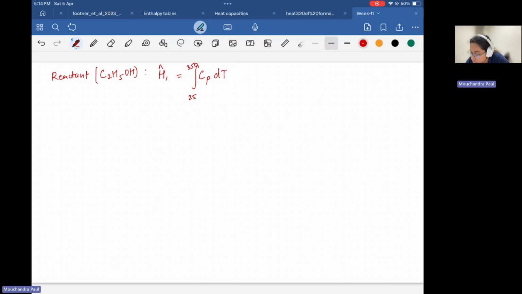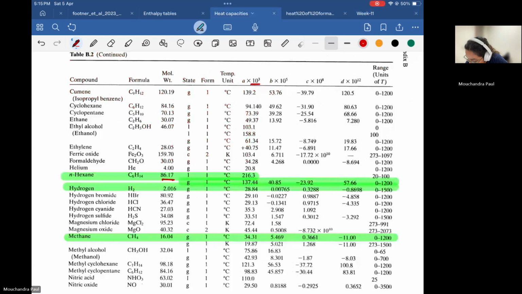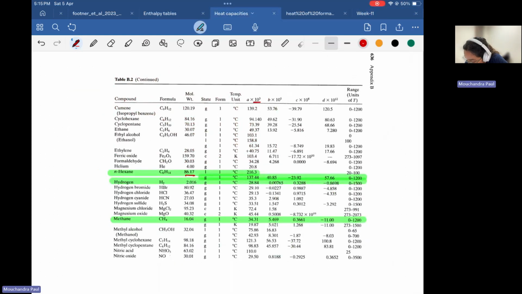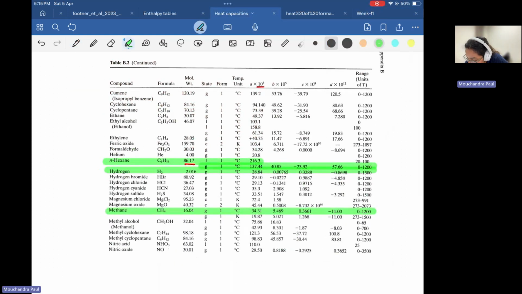What is the value of Cp here? For ethanol, ethyl alcohol, the state is gas. I found it, so let's write it down.